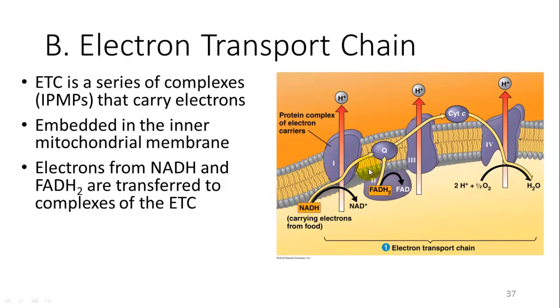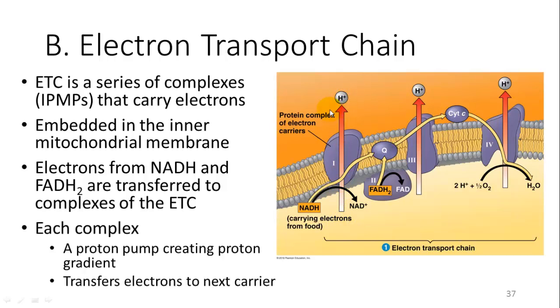And as you donate the electrons, you also donate protons and pass protons through the membrane. Okay, so now you have a concentration of protons on one end of the mitochondrial membrane. At the end, you have oxygen, which acts as the electron acceptor. As it accepts those, it forms water.